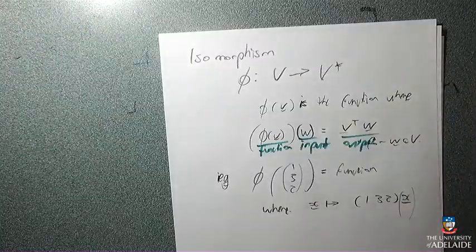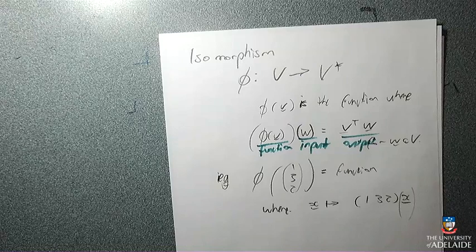Okay, so if rows are linear transformations and columns are vectors, then when I transpose something, it must turn columns into rows, which therefore turns vectors into functions. Okay.